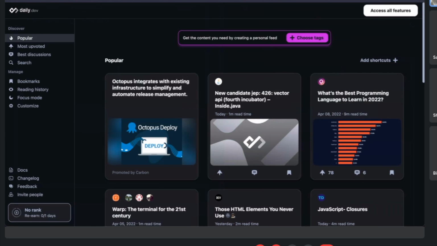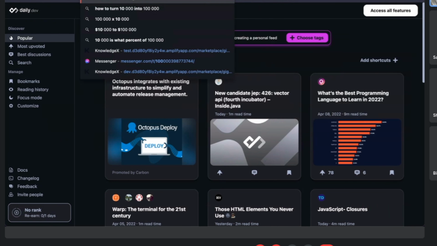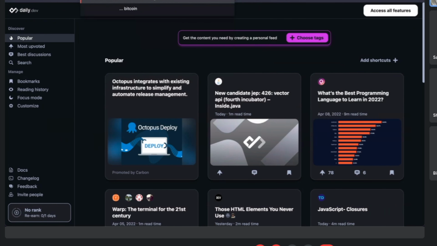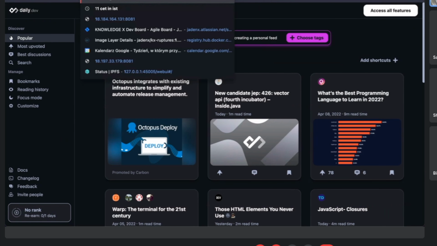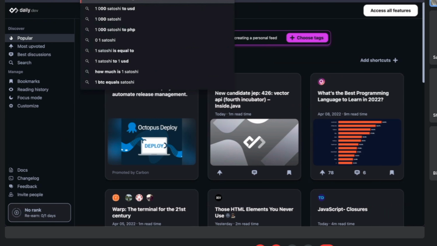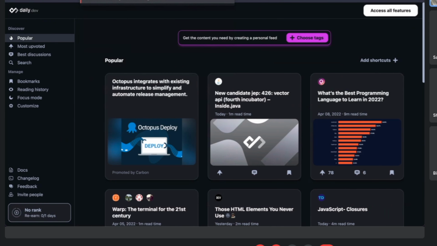So 100 million Satoshi is 1 Bitcoin. So it means that 1 Satoshi is equal to 0.00000001 Bitcoin.